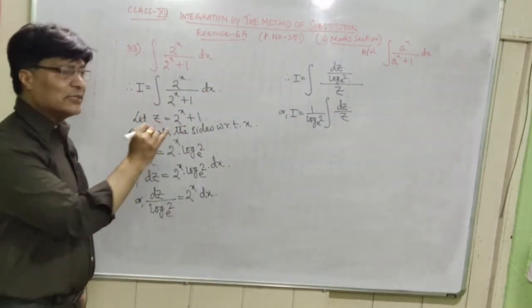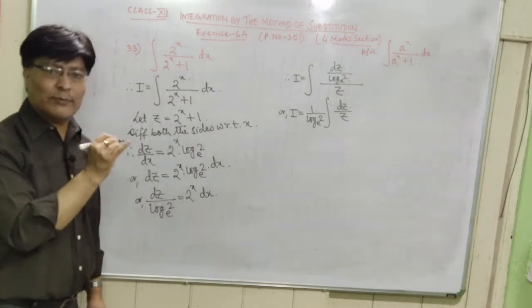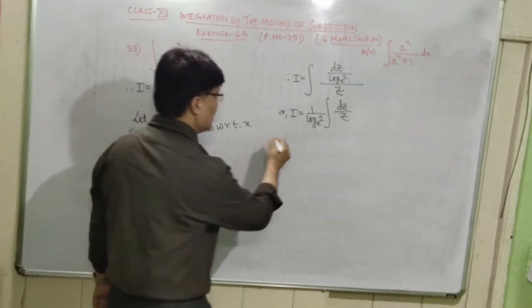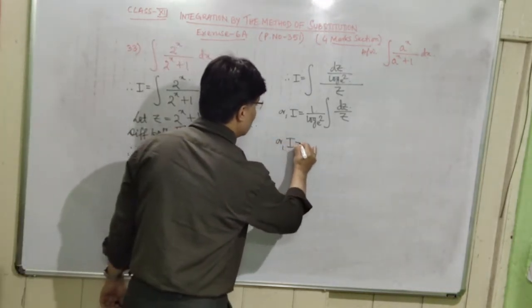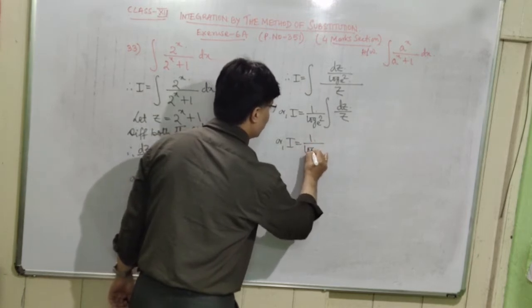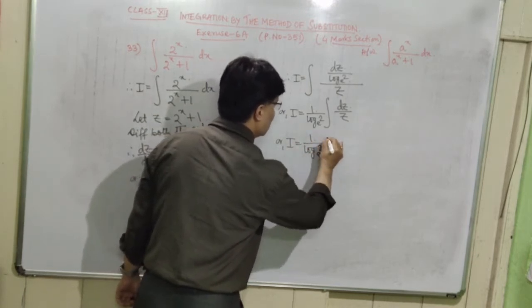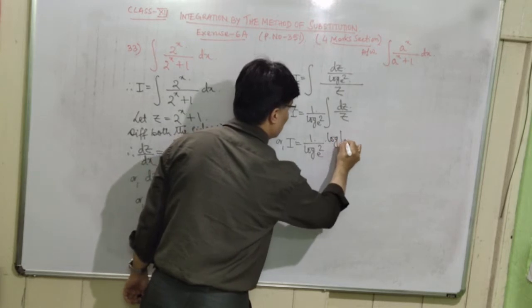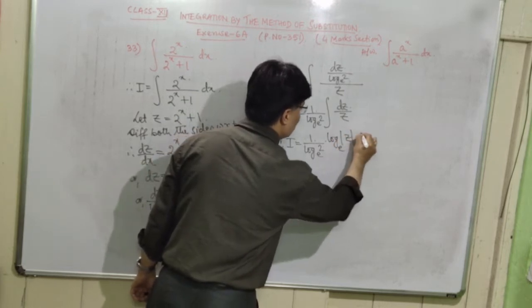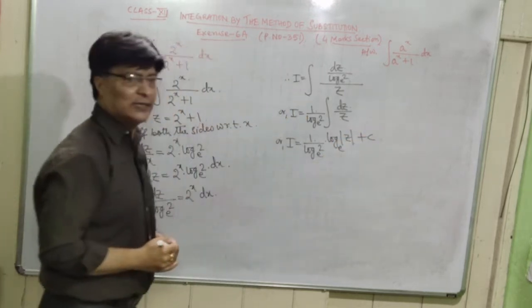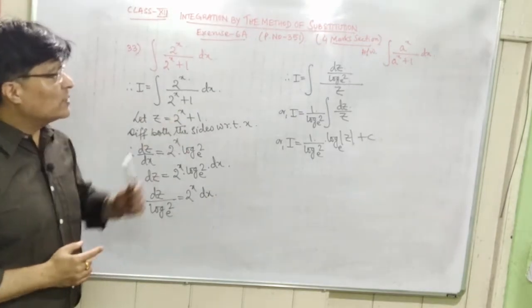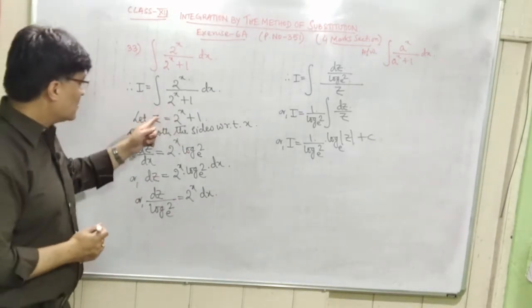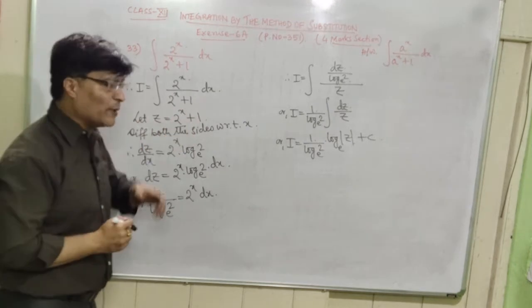What is integral sign dz by z? You know integration of 1 by z dz is log z base e, right? So I is equal to 1 by log 2 base e into, what is this integration? Log within mod z base e plus c. So now you can put the value for z in this case. So what is the value for z in this case? It is 2 to the power x plus 1.